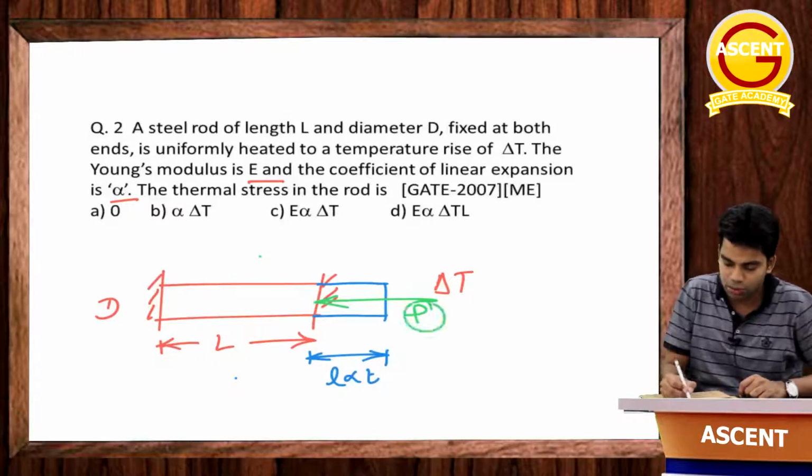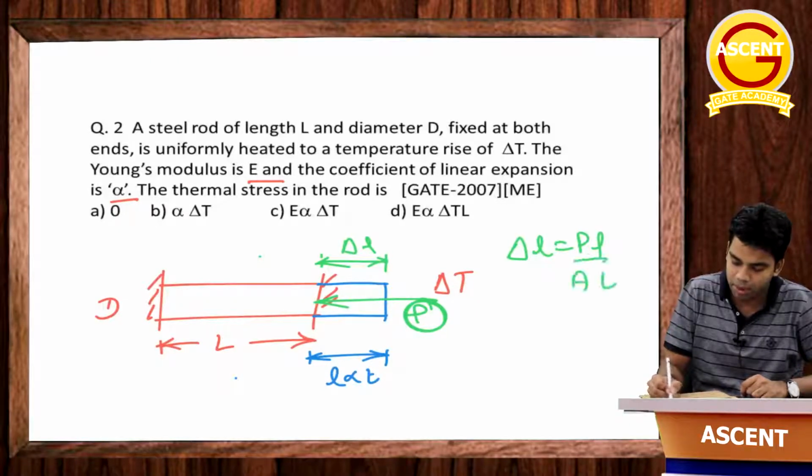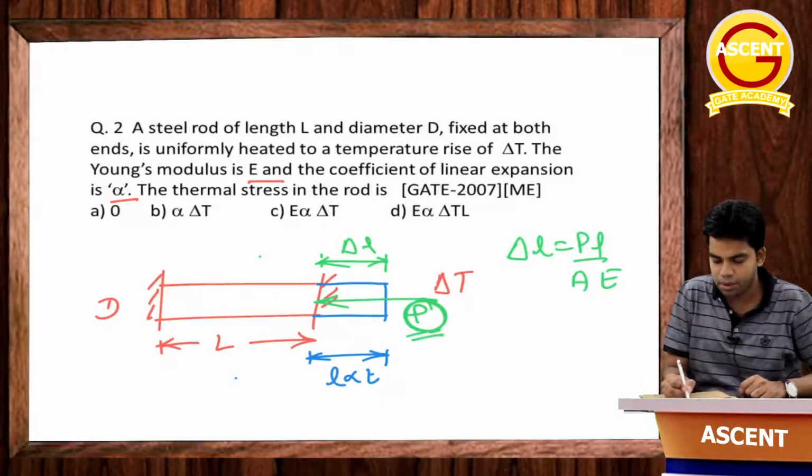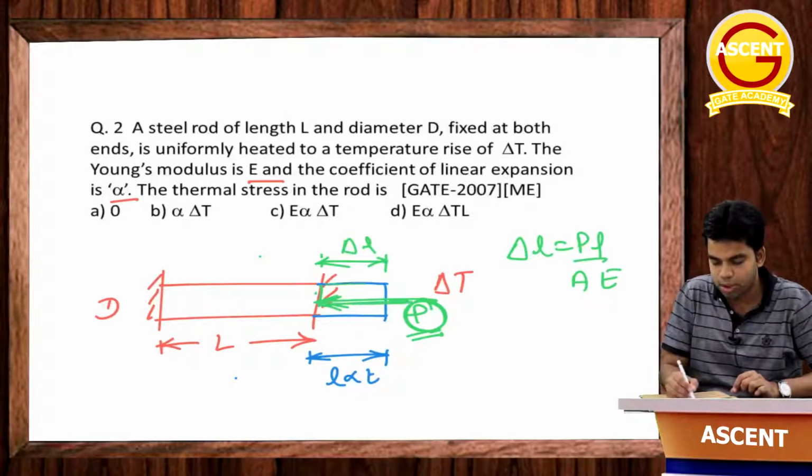So the role of this force is to compress the rod by an amount delta L, where delta L is equal to PL by AE. This P is an axial force applied on the rod, and its role is to decrease this much expansion.